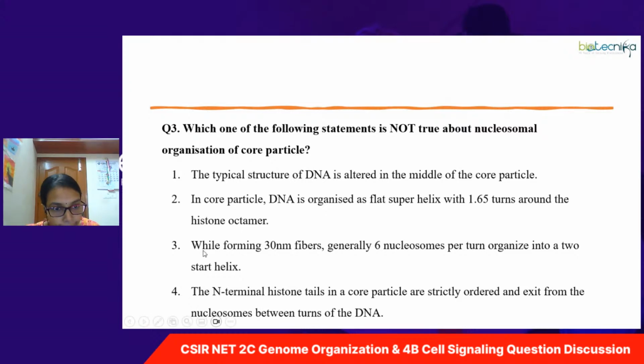Confused between 1 and 4. Okay, try and get one answer. Don't know. Vanishri, are you aware of this two-start helix? Rubin, 4 is giving the answer. Okay.